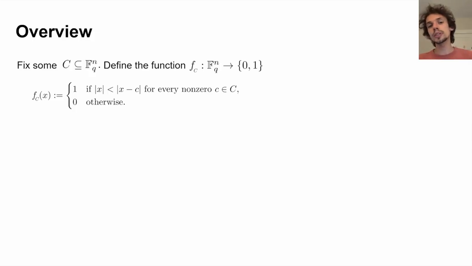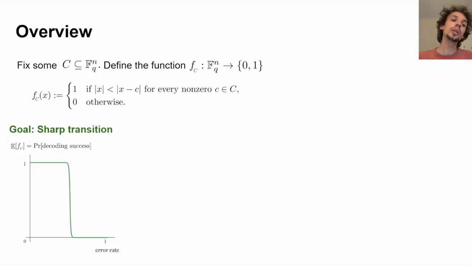For the rest of the talk, we're going to assume that the sent codeword is the 0 codeword, and then f of x is 1 if x, which is the error string, or the string that the receiver sees, since we're sending the 0 codeword. So if x is closer to 0 than any non-zero codeword, then the decoding will be successful, and so f_C is 1, and otherwise f_C is equal to 0.